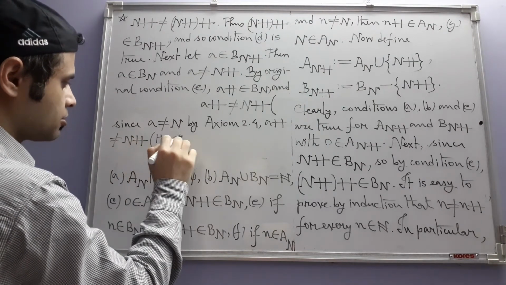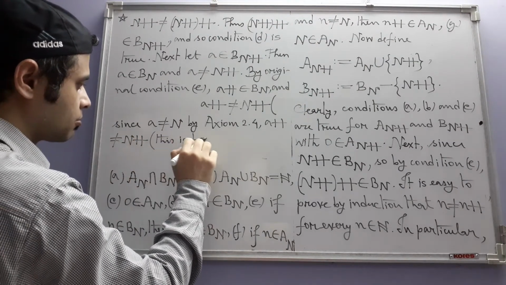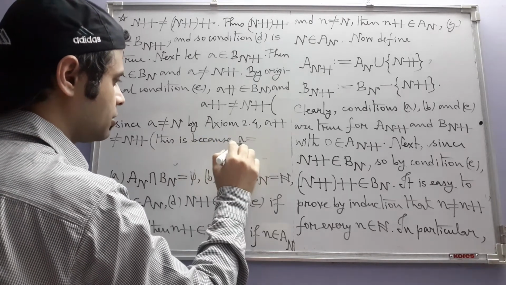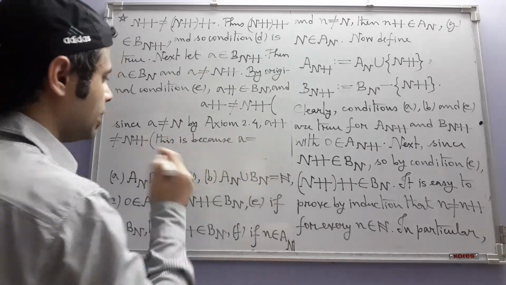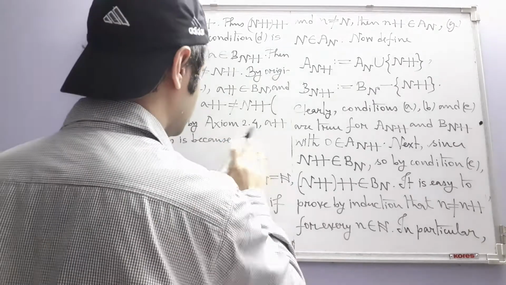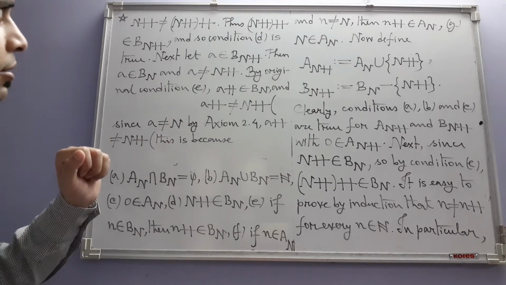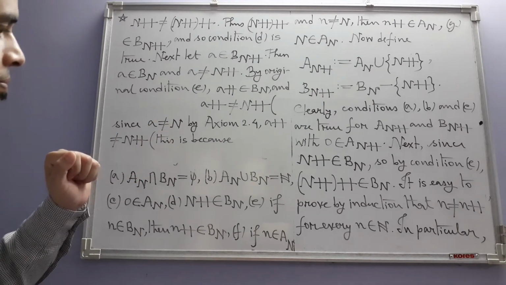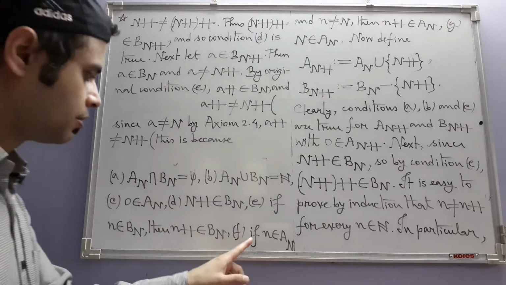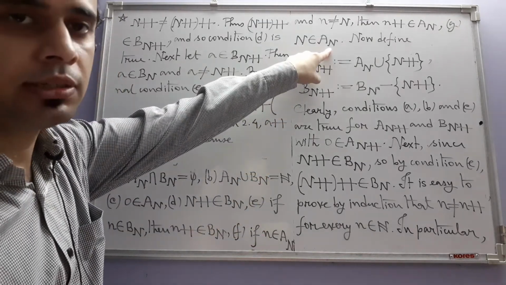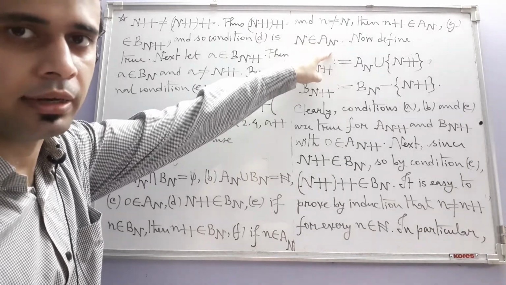This is because a is not equal to n, we have already written, but why is a not equal to n? You see, by condition G, n belongs to A_n.